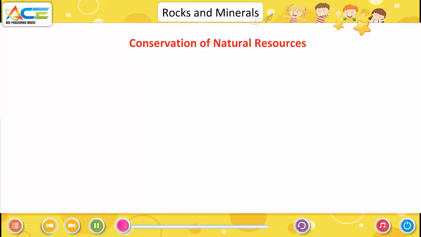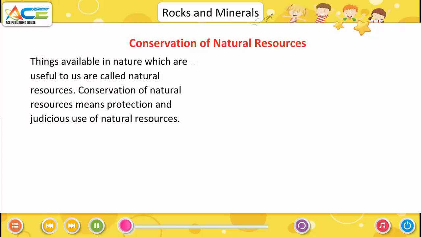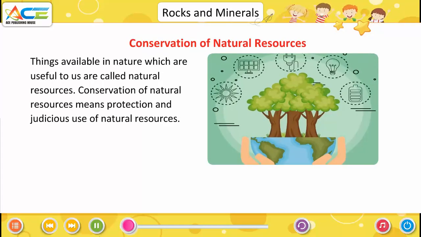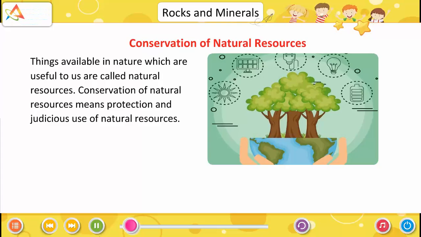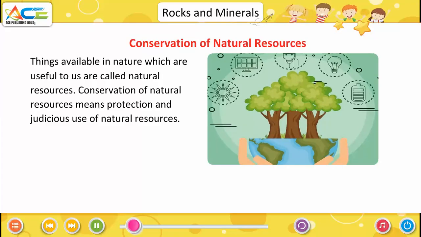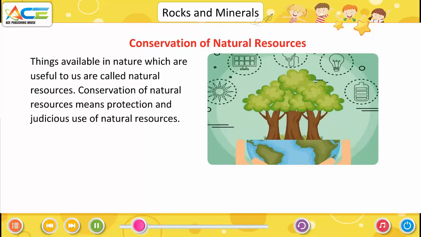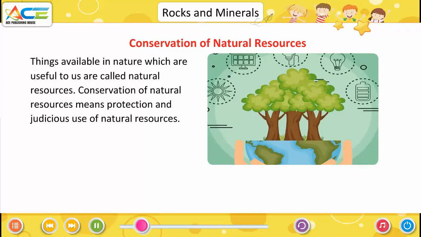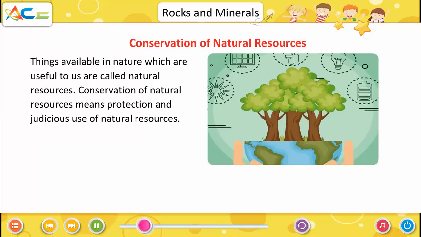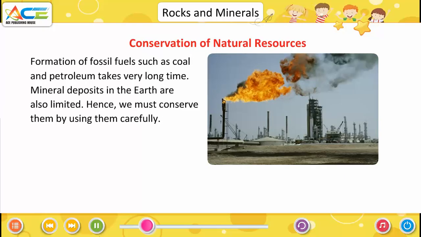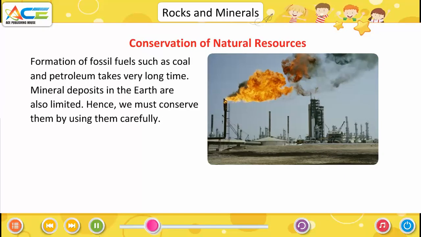Conservation of natural resources. Things available in nature which are useful to us are called natural resources. Conservation of natural resources means protection and judicious use of natural resources. Formation of fossil fuels such as coal and petroleum takes a very long time.